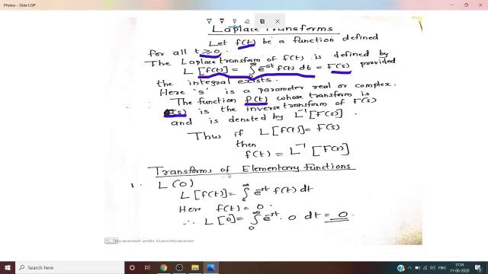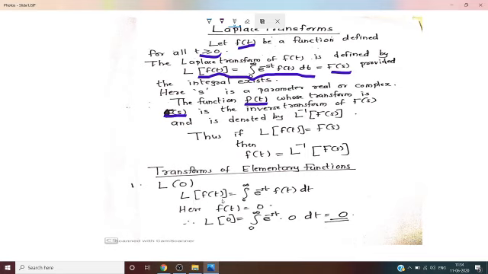Now, we can study transforms of some elementary functions. First of all, we take f of t as 0, and now we have to find the Laplace transform of 0.